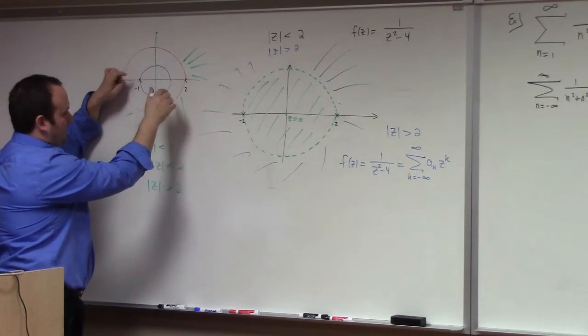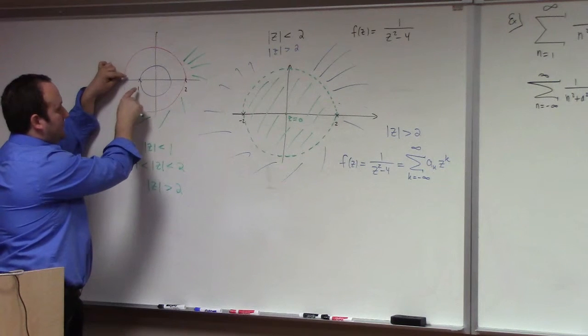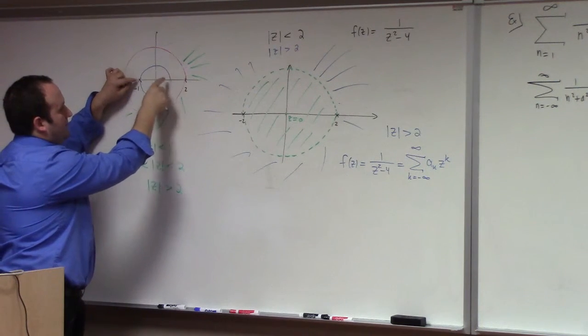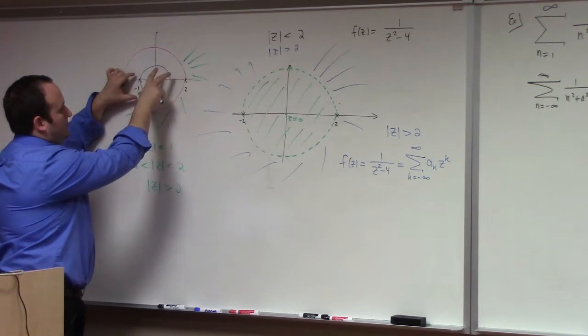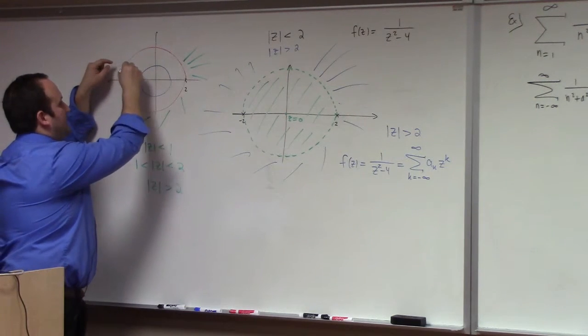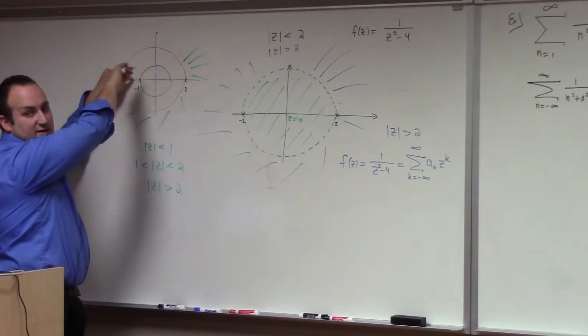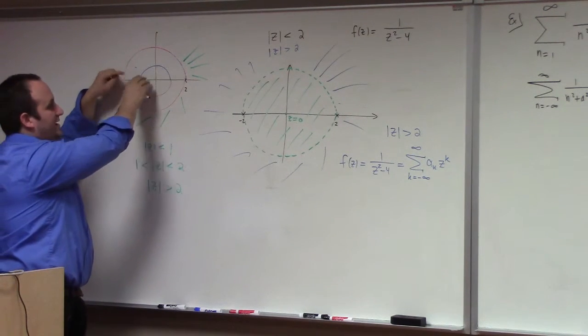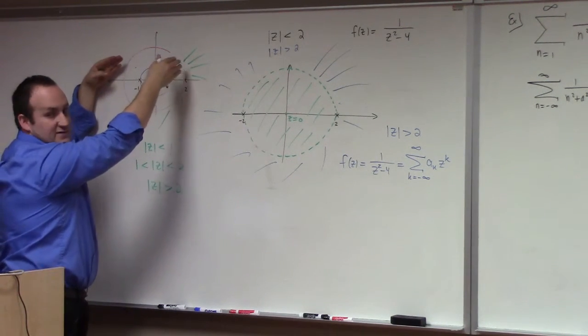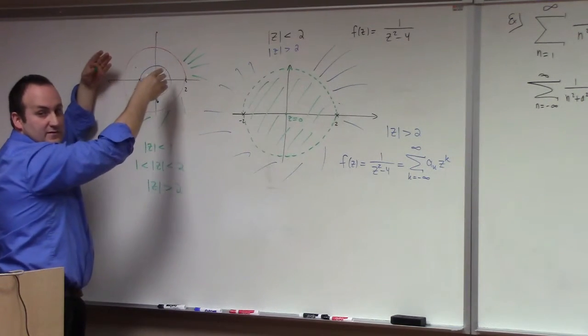Because in the in-between case, between the red and the blue circles, if you're including, say, this point, you can't go closer than 1 because of that singularity. But you can't go further than the radius 2 because of that singularity, so you're stuck between those 2.